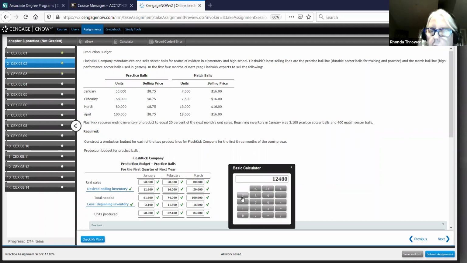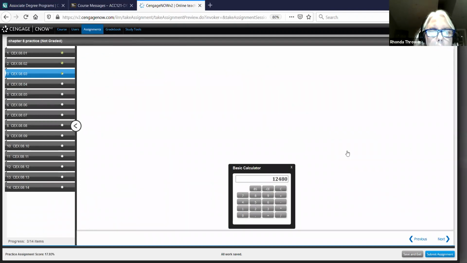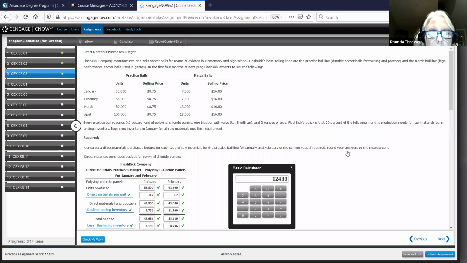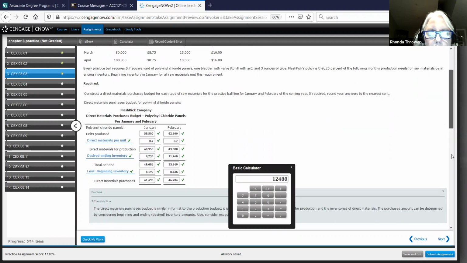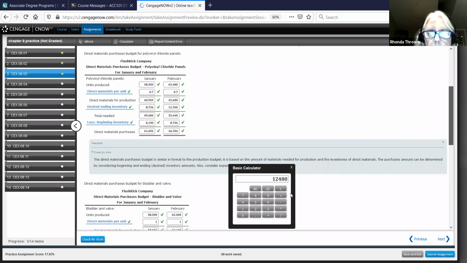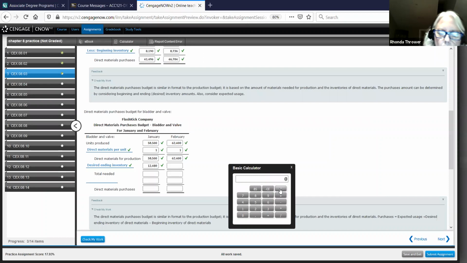So 84,000 would be multiplied by 1, which is 84,000. And then you would multiply that by 20%. So 80,000 times 20% is 16,000.